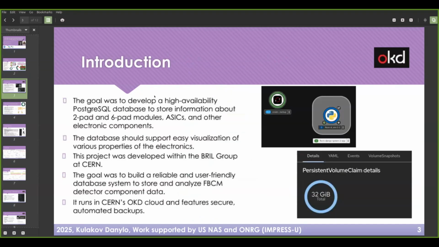As an introduction, the BRIL team had some database before, but that database was running locally, and that's why they lost all the data they had collected before.